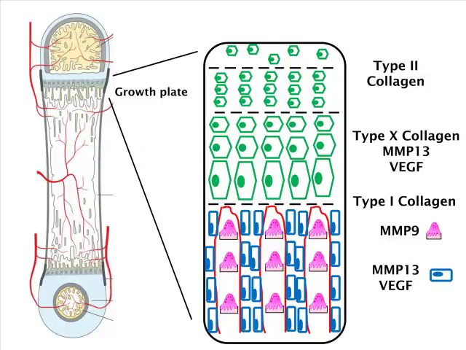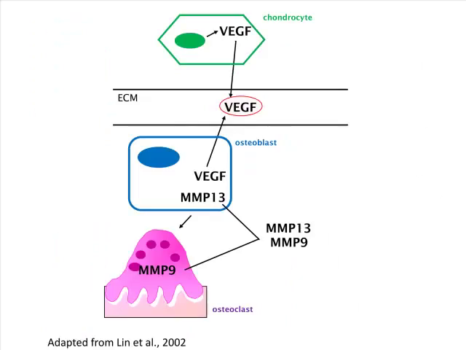MMP9 is produced by the osteoclasts, and then VEGF and MMP13 can also be produced by the osteoblasts. So like I said before, it's important to understand where each of these signals are occurring so that if we know which signals are breaking down, we can determine which process of endochondral ossification might be breaking down in this model.